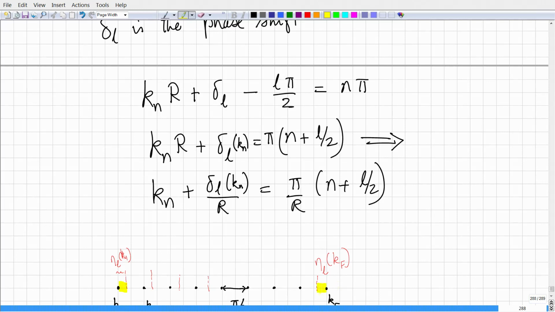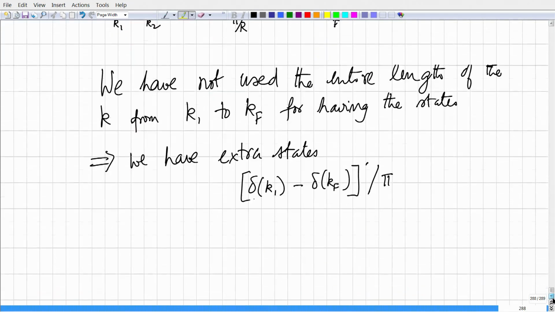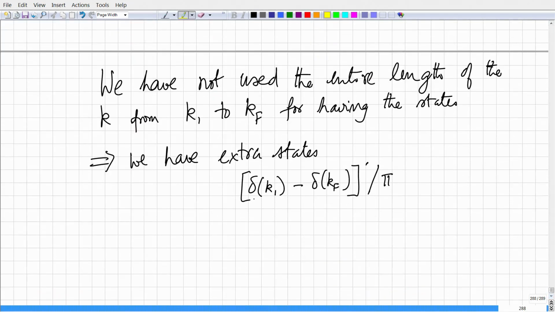So this part, eta L Kf minus eta L K1, is the one that is left out, and the number of states corresponding to that is just given by delta K1 minus delta Kf by pi.